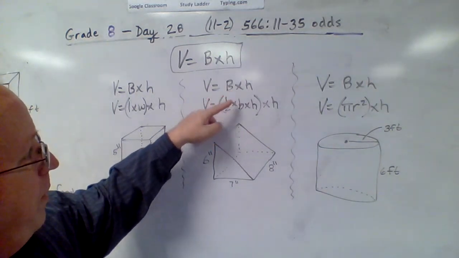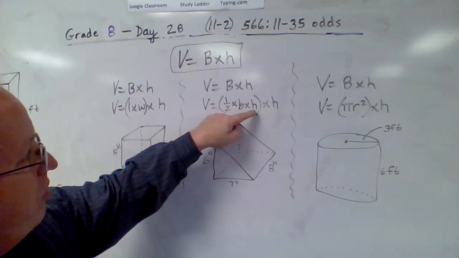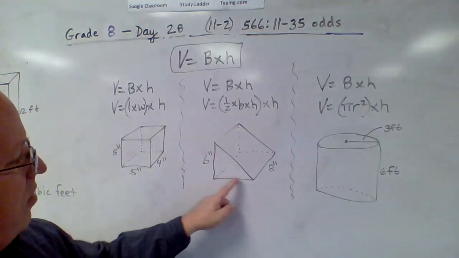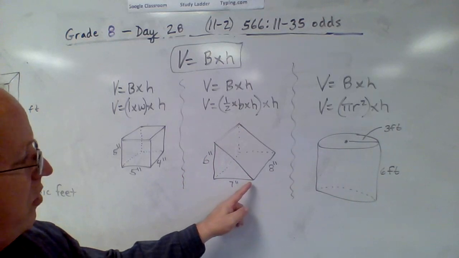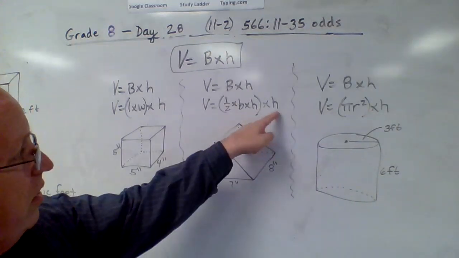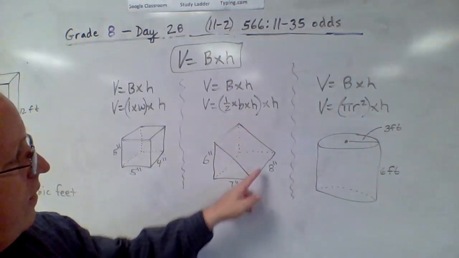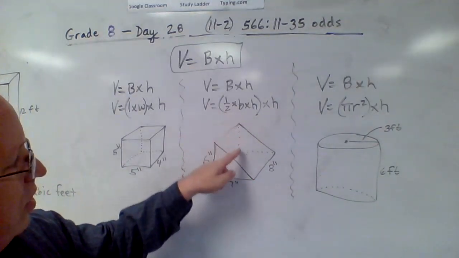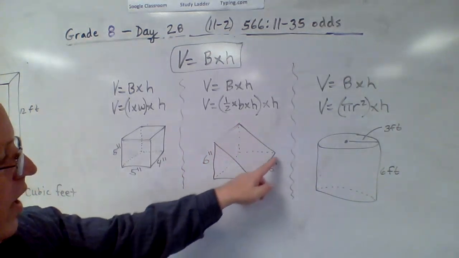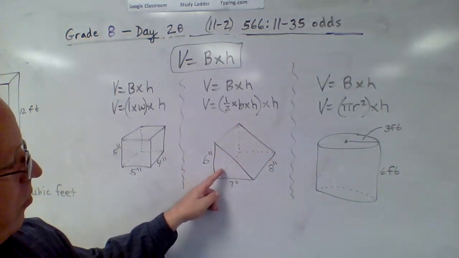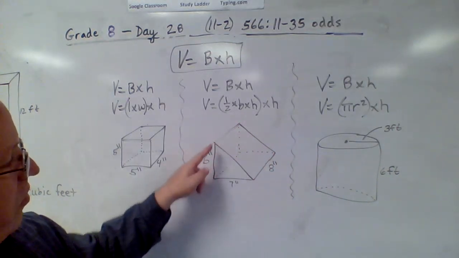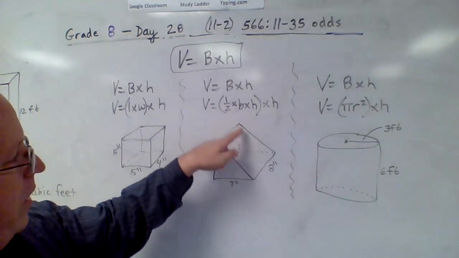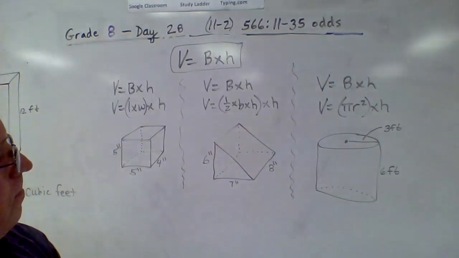Capital B, the area of the base, becomes 1/2 times base times height because that's the formula for the area of a triangle, times the height. This last height is the distance from one triangle to the opposite triangle. So 8 inches is my distance between this base, this triangle, to the opposite base, this triangle.